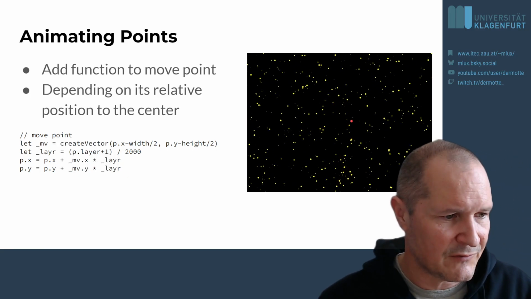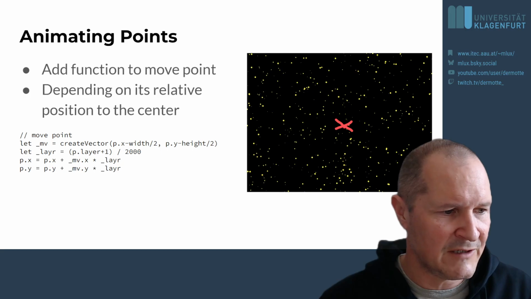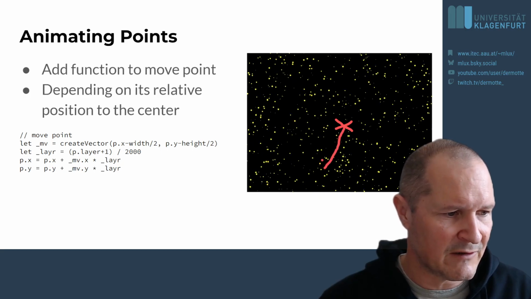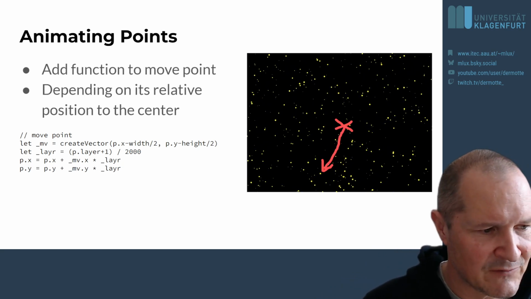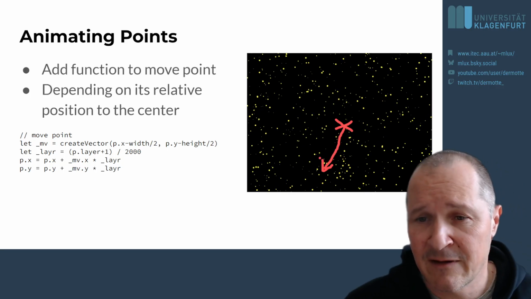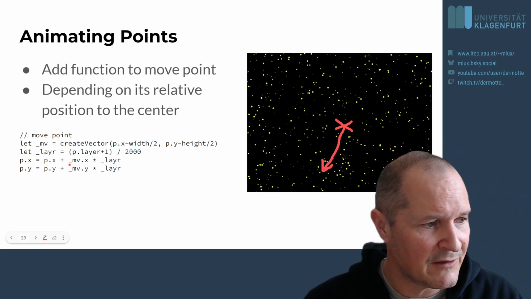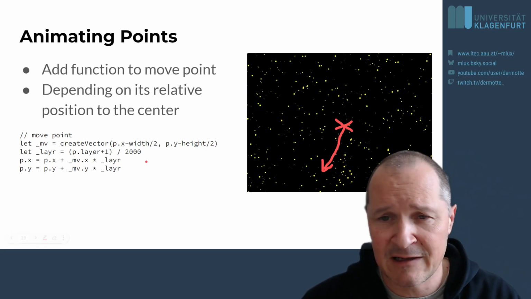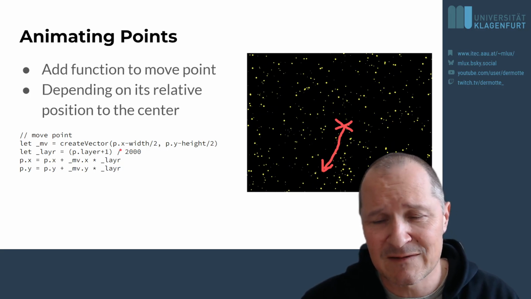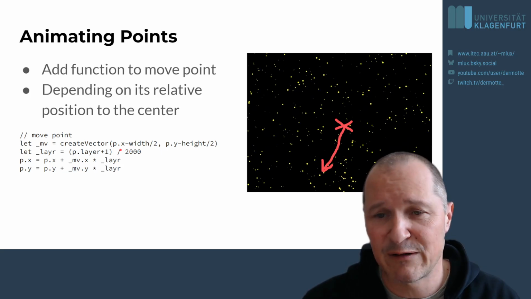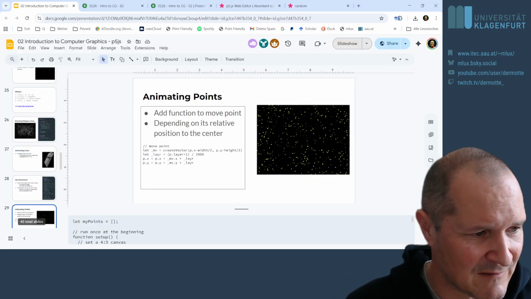So the center is in here somewhere. And for each star, I calculate the vector to the star, and then I use this vector to move the star more away from the center. And depending on the layer, I multiply it with a layer dependent variable, and then the ones in the higher layers move faster away from the center. So it's still 2D, but it gives this impression.